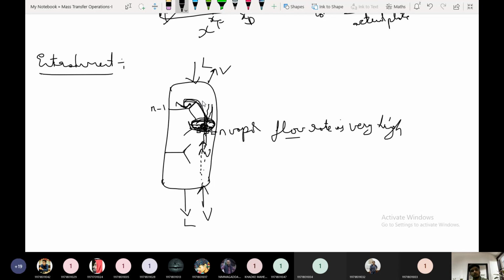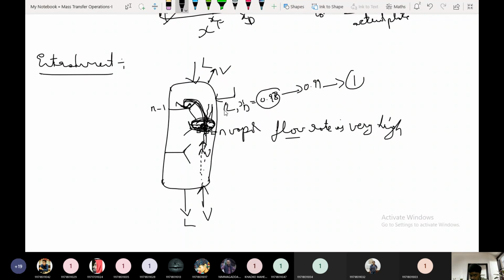This type of entrainment will contaminate the distillate product. If the L reflux is coming as a liquid, it will have an XD composition, so XD composition is some 0.98. The major role of refluxing is to increase this composition from 0.98 to 0.99 or so, so the more volatile fraction we have to increase.